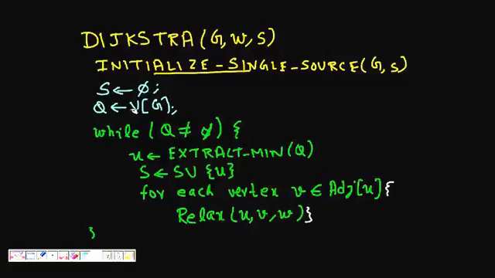Q again contains all the vertices in the graph. While Q is not empty, we do a kind of greedy algorithm.